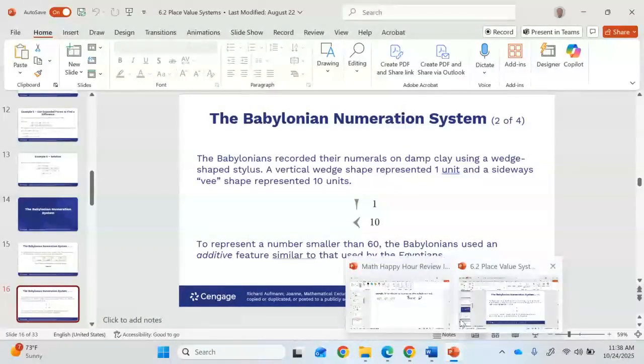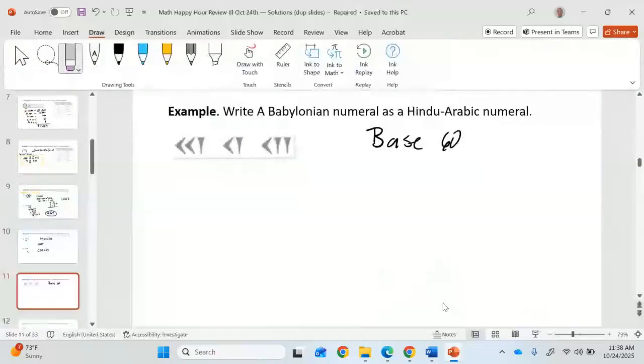So I'm going to go back and write down these numbers. Notice that I have a 10 plus 2, so this represents a 12 on the group of the ones. Next, I have a 10 and a 1, so this is 11 on the group of the 60s, because it's base 60. Always start on the ones, or the units, and then move on to the base.